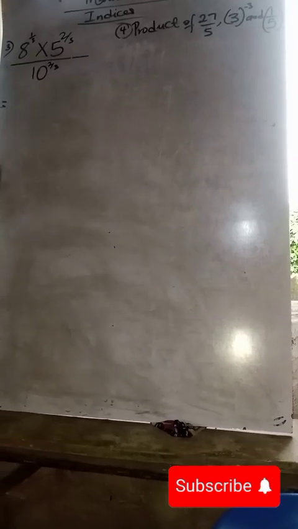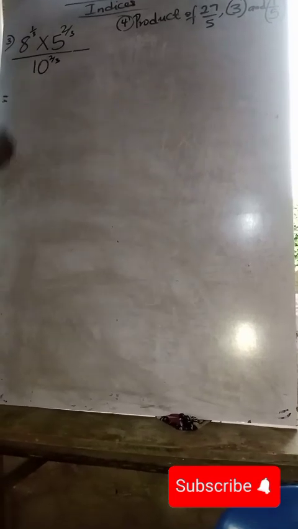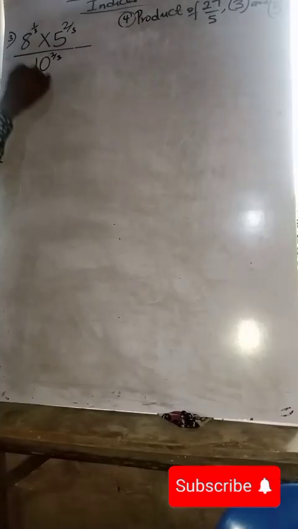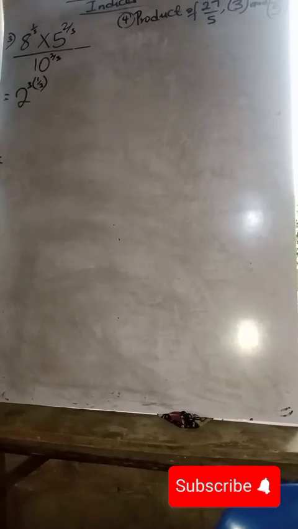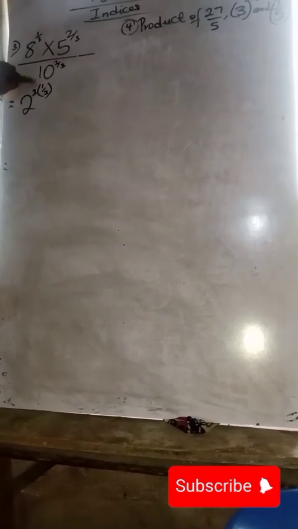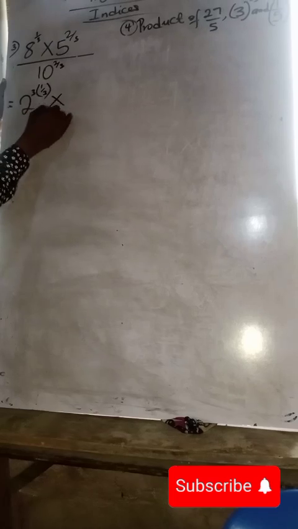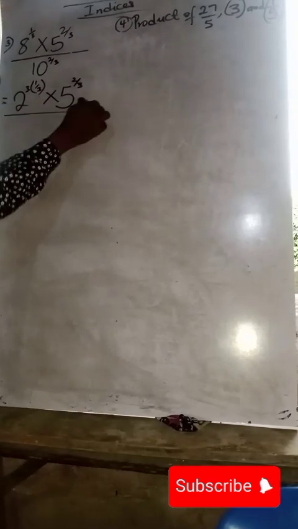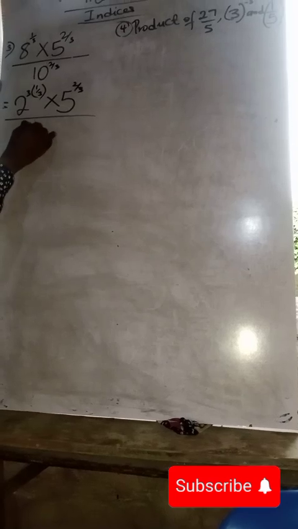How do you start? First of all, you turn 8 to index form. 8 is simply 2 raised to the power of what? 3. So we have (2^3)^(1/3). This 2 raised to the power 3 is the index form. Then this 1/3 is what you have here, times 5 raised to the power of 2/3, over 10.